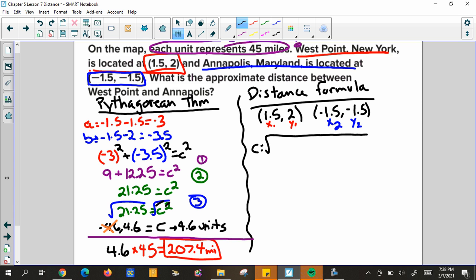Sometimes you will see the distance formula written with a d instead of a c as the variable. But as we're connecting this to Pythagorean theorem, we'll leave it as c. So x2 minus x1 squared plus y2 minus y1 squared.